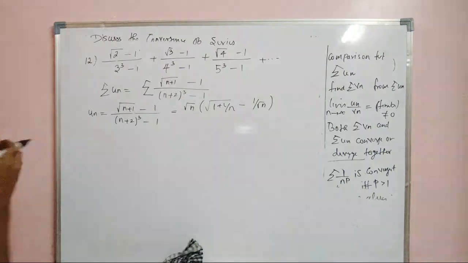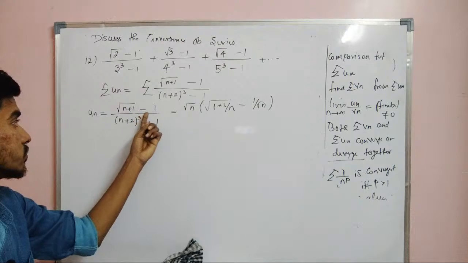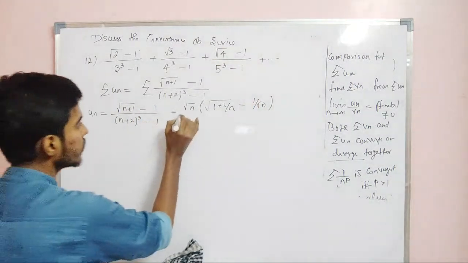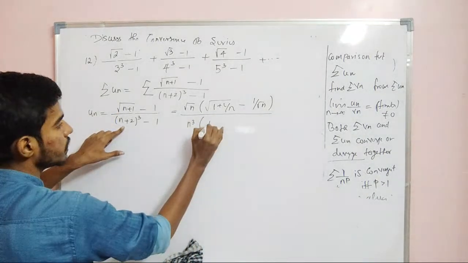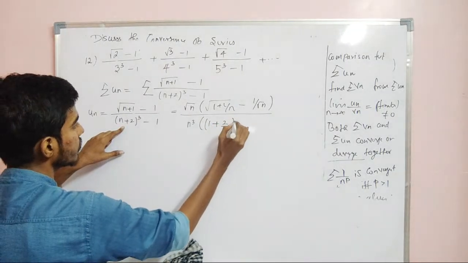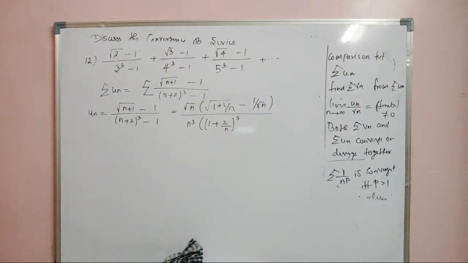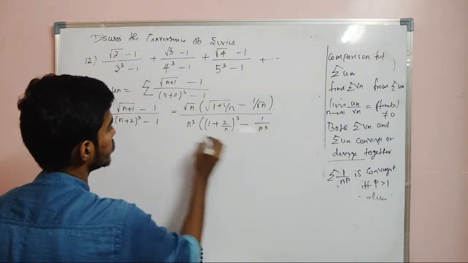If I bring this inside, you will get this term, so root n will get cancelled, and we have minus 1. And again, if I take n cube common here, this will be 1 plus 2 by n whole cube, and here we don't have n cube, so we divide this by n cube.